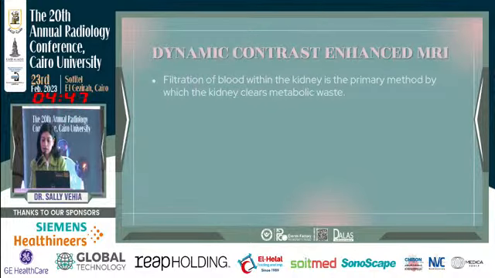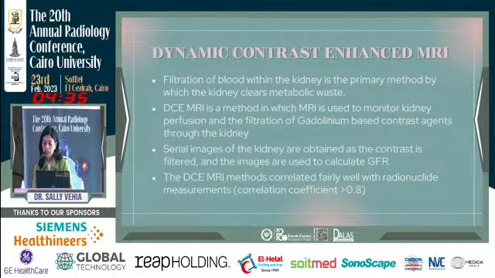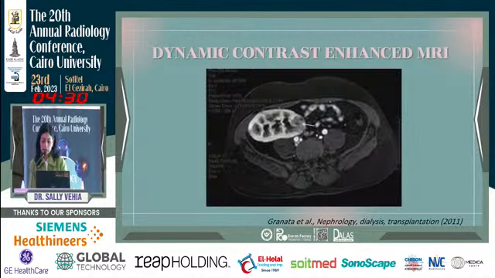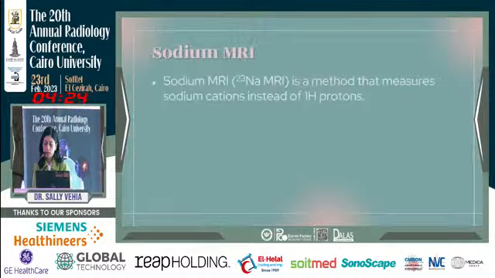Dynamic contrast enhanced MRI is a method in which MRI is used to monitor kidney perfusion and the filtration of the contrast agent through the kidney. This is a dynamic contrast enhanced MRI showing acute pyelonephritis. Sodium MRI is a method that measures sodium cations instead of hydrogen protons.